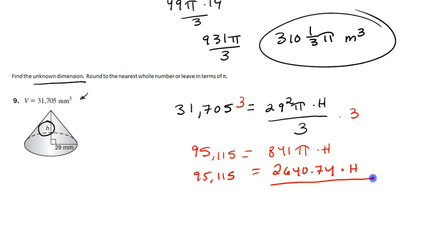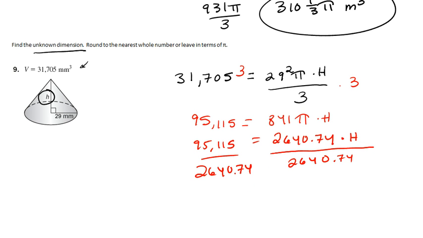And then we're going to divide both sides by 2,640 and 74 hundredths, because we want to find height. We're going to end up with approximately 36 millimeters. So our height is approximately 36 millimeters. And again, this is approximation because we had to use 3.14 for pi.